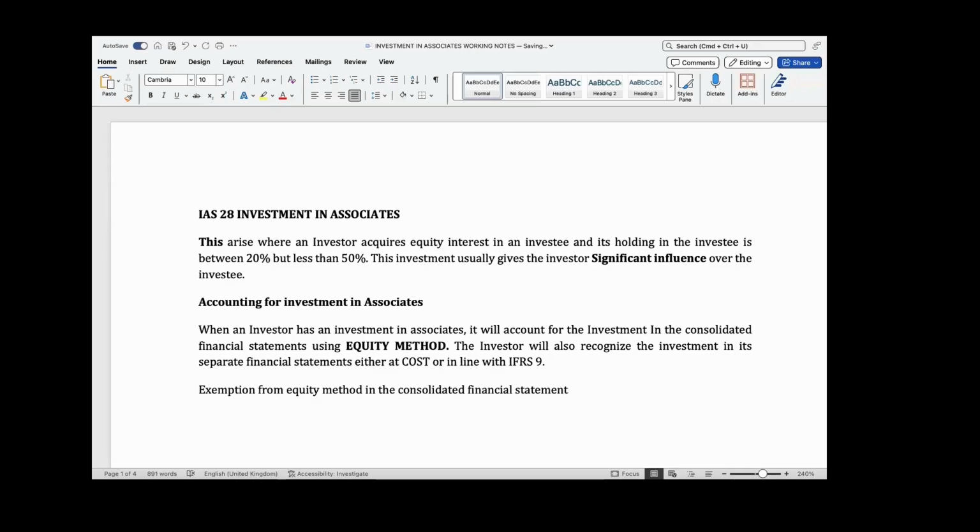That is where an investor might not apply the equity method or might not prepare consolidated financial statements.